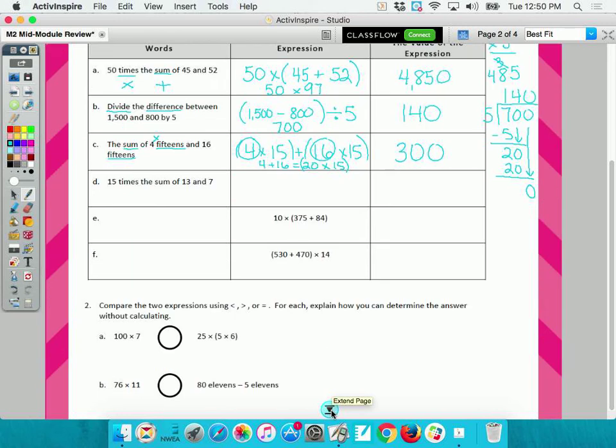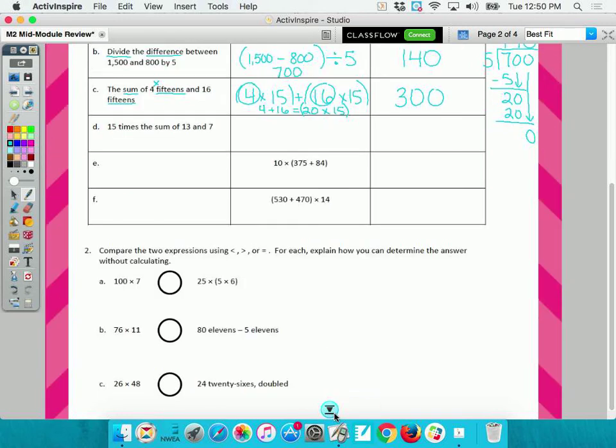It says 15 times the sum of 13 and 7. Jose, what should I underline? Times. And good. And was A just like this? Yeah. Okay, go ahead and do it yourself then. See if you can figure out what to write, and then check it with mine when you look back up here.